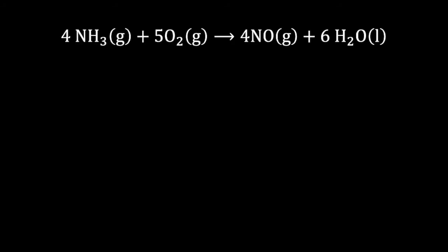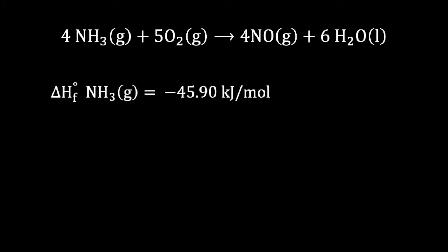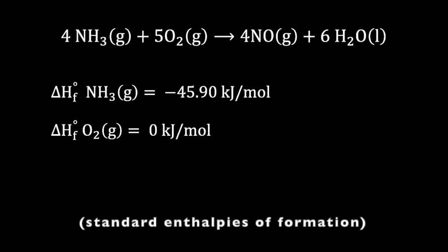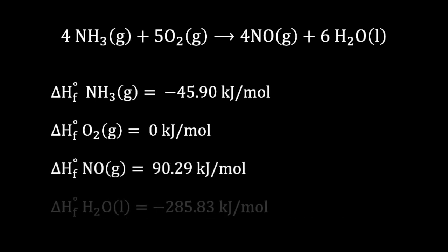Consider the chemical equation: 4 moles of ammonia plus 5 moles of oxygen yields 4 moles of nitrogen monoxide and 6 moles of water. To find the change in enthalpy, we can look up the heats of formation from a table.